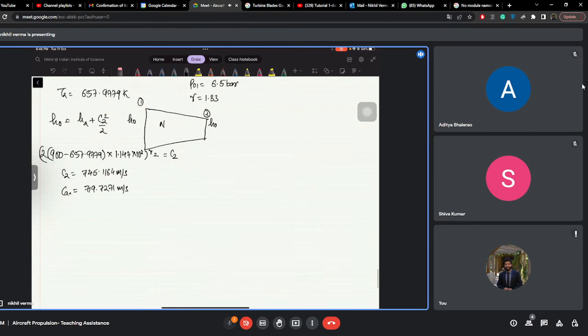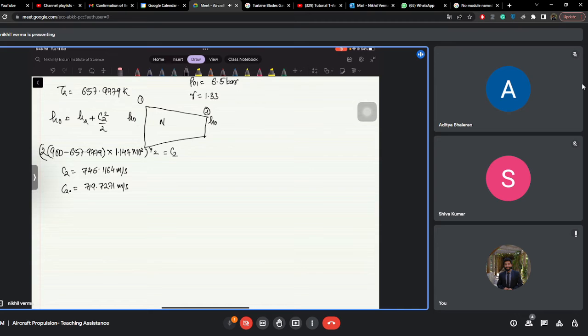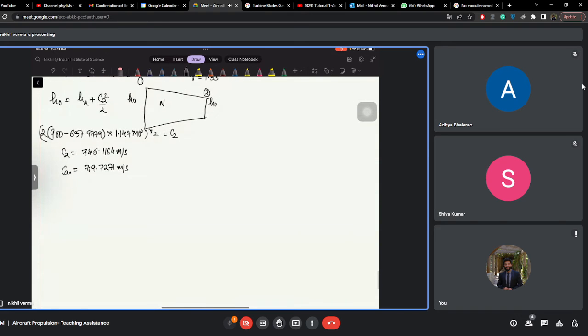So now you have velocity, you have temperature, so you can calculate density. Density at 2 is P2 by RT2. Now R is not given, so you can calculate it using the kinetic theory of gases and the ideal gas assumption.